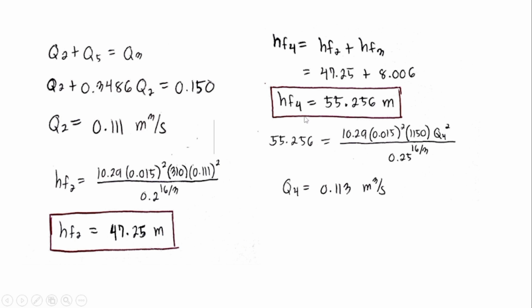Since we now have the value of major head loss in pipe 4, we can solve the discharge in pipe 4 in order for us to solve for the discharge in pipe 6.